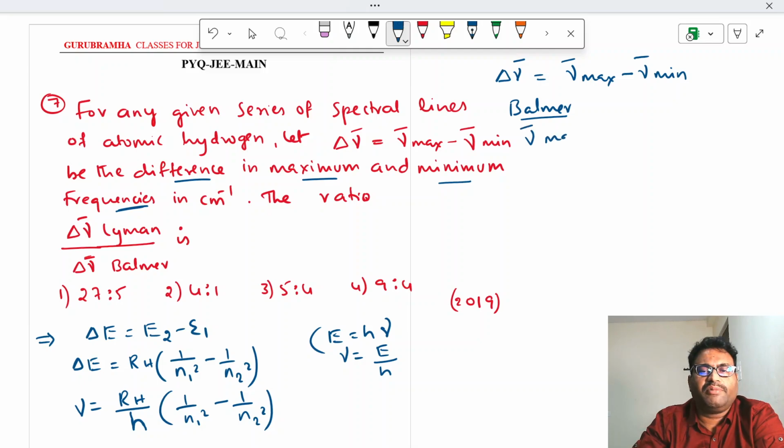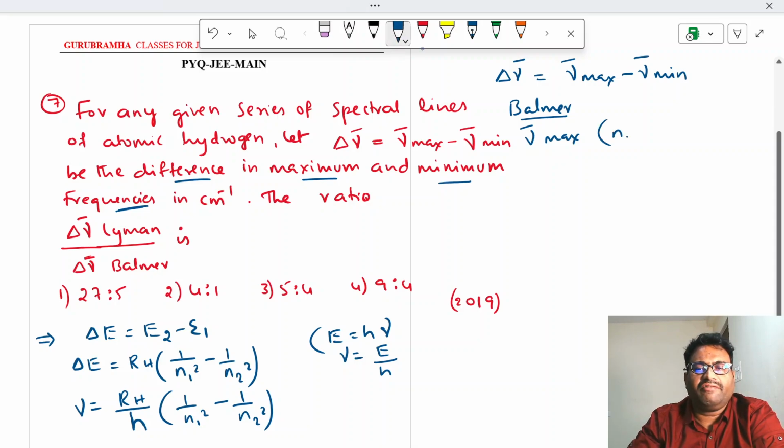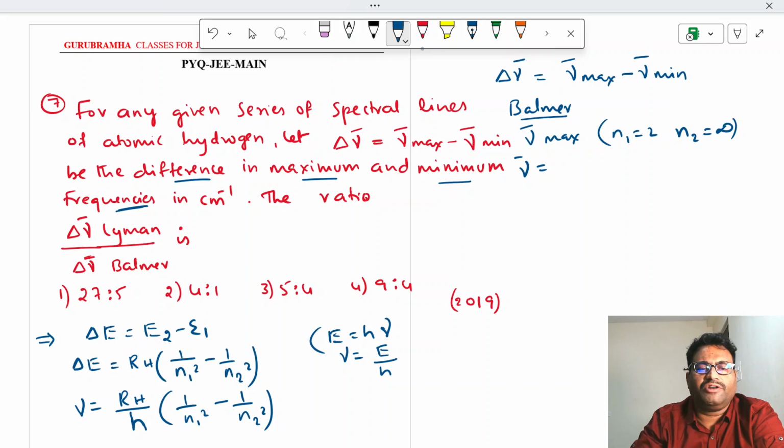When will nu bar be maximum? When N1 is equal to 2, N2 is equal to infinity. Then nu bar is equal to RH by h, this is common, into 1 by 2 square minus 1 by infinity square.